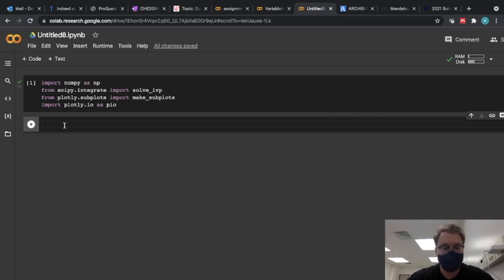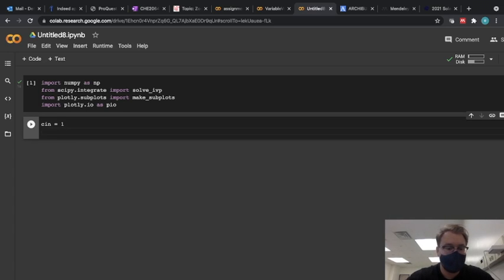So the first step I'm going to want to do is start bringing in my variables. So I know the concentration in is going to be 1 kilogram per meter cubed. I know that my initial height starting in the reactor is going to be 1 meter. I also know that my initial concentration is going to be 0.1 kilograms per meter cubed.